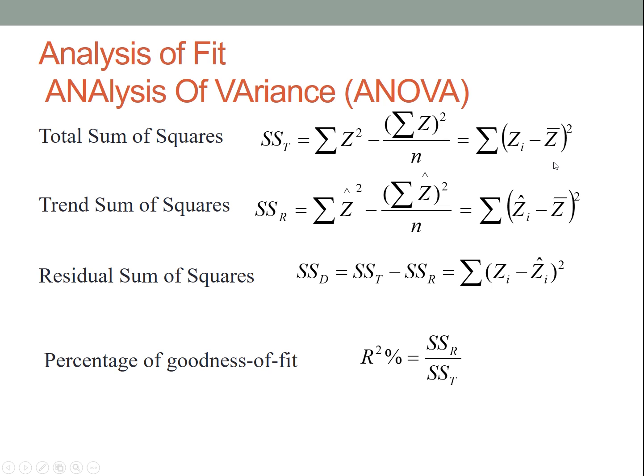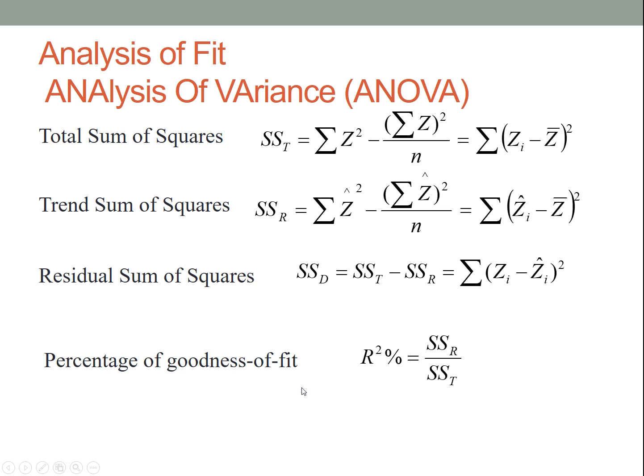Remember, the mean is supposed to be the same for both the observed values and the modeled values. I do all those individual points and square them. Then for my residual sum of squares, I take my original observation and subtract my modeled observation. I do that for each point, square each of those, and then add them all together.